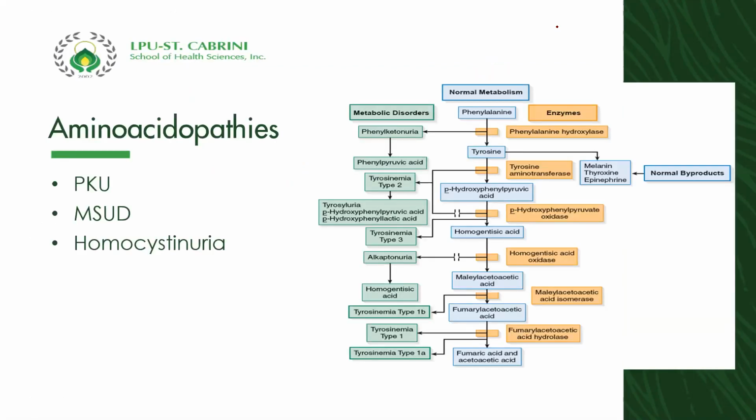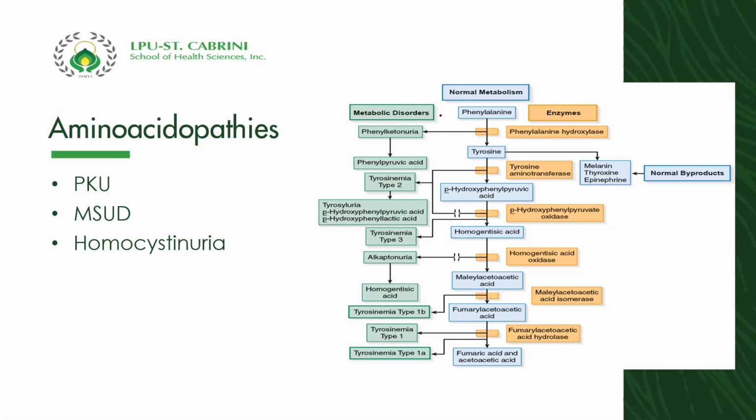Now, what do we mean by amino acidopathies? This is just a recall of amino acid metabolic disorders, which involve our amino acids. Remember, in a normal condition, amino acids are derived from another amino acid. For example, the normal metabolism of phenylalanine, converted to tyrosine, is a normal pathway which involves phenylalanine hydroxylase.